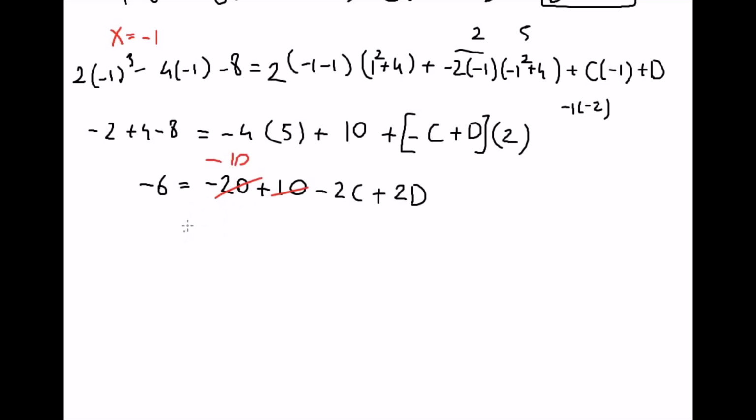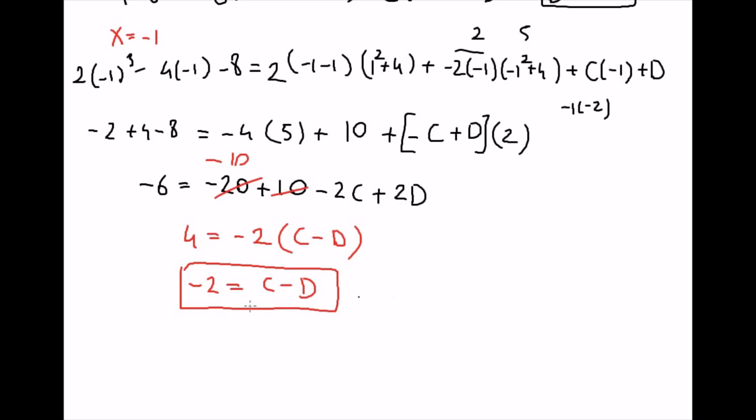Add 10 on both sides, so 4 is equal to negative 2 times c minus d, and divide both sides by negative 2, so negative 2 is equal to c minus d. Okay, this is our first equation.